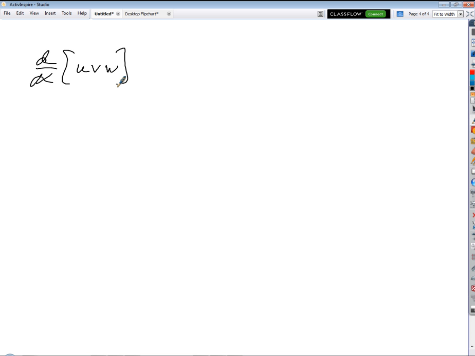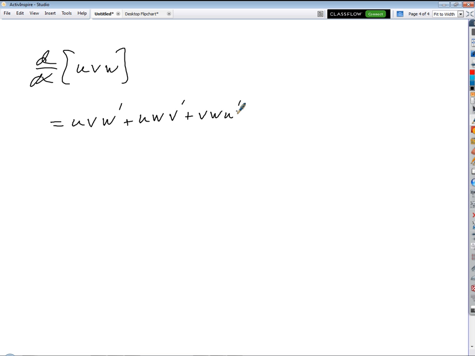We used to say first times derivative of the second plus second times derivative of the first. What do you think this one's going to be? u v w prime plus u w v prime plus v w u prime.